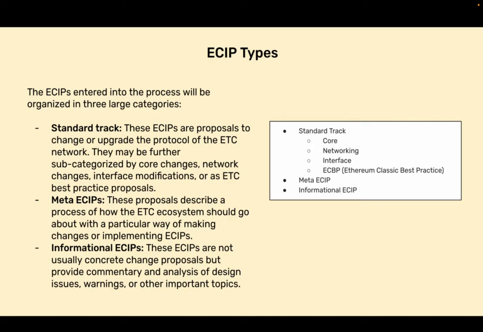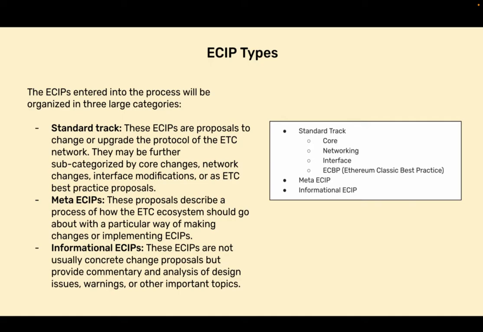ECIP types. The ECIPs entered into the process will be organized in 3 large categories. Standard track. These ECIPs are proposals to change or upgrade the protocol of the ETC network. They may be further subcategorized by core changes, network changes, interface modifications, or as ETC best practice proposals. Meta ECIPs.